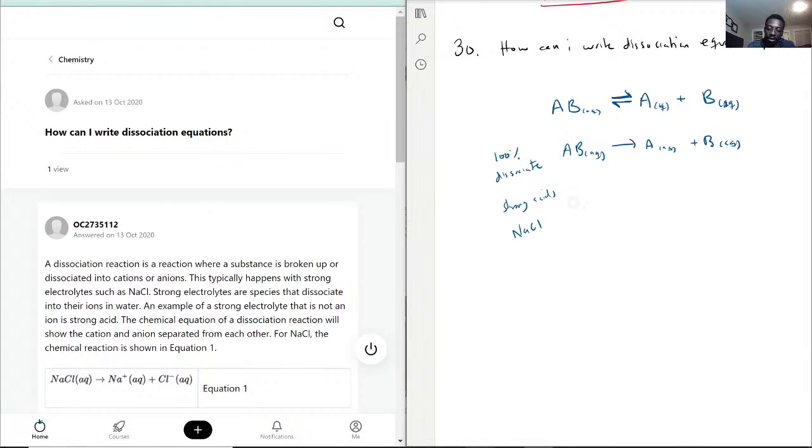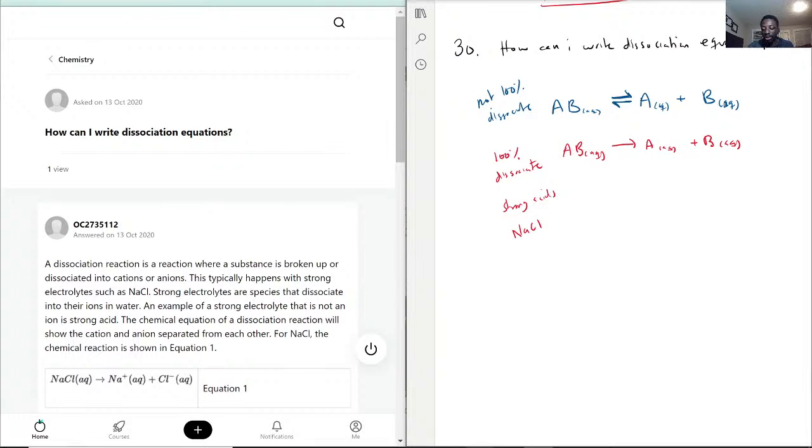I'm going to make this all red. 100% dissociates. Strong acids, NaCl, that's it. But this is not. So not 100% dissociate.